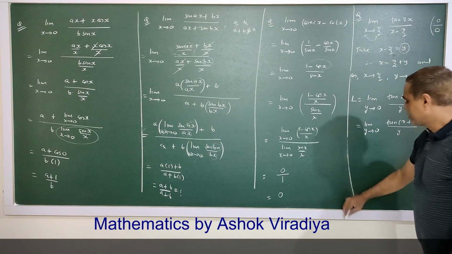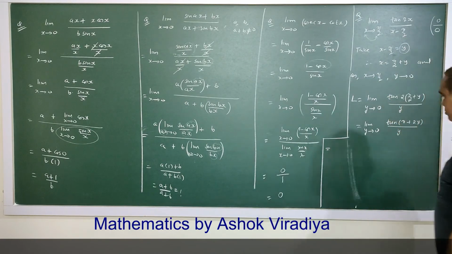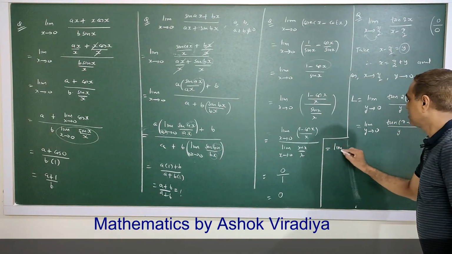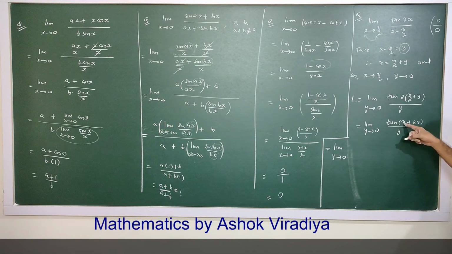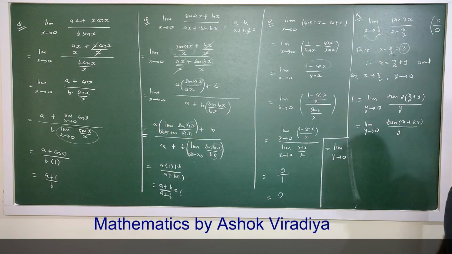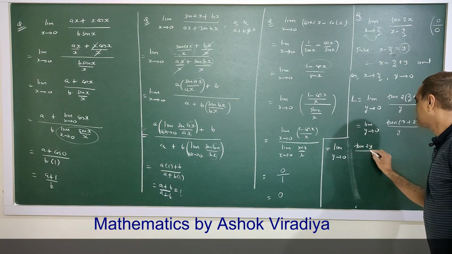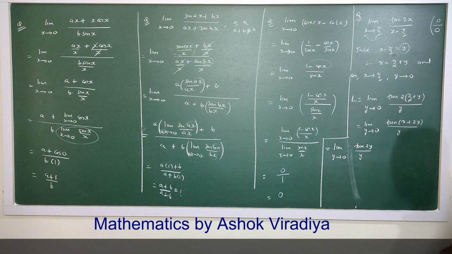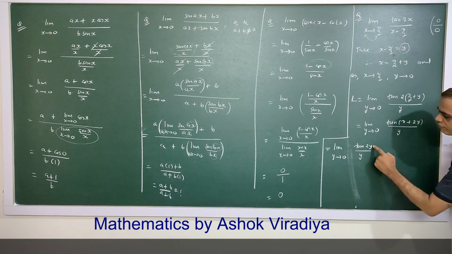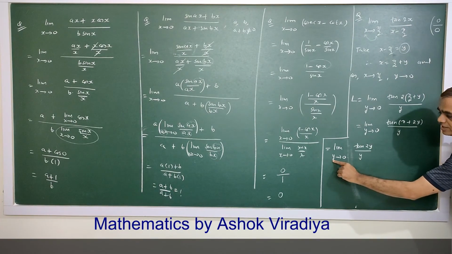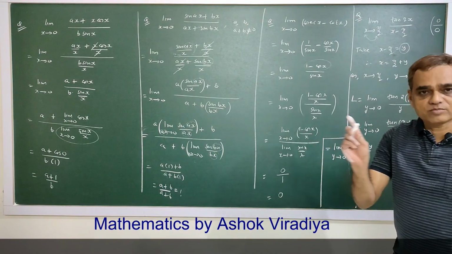So this is equal to limit y tends to 0. Tan of pi plus theta is tan theta. So tan of 2y upon y. See, whenever we use substitution, everything must be in terms of y. Here also y must be visible, everywhere y. No mixture of x and y is allowed.